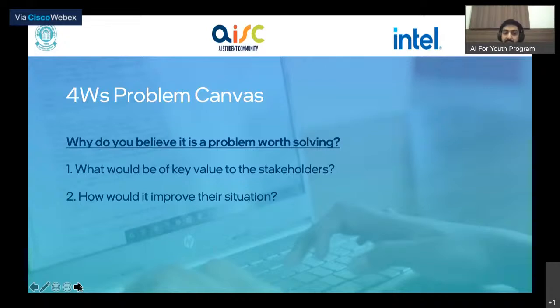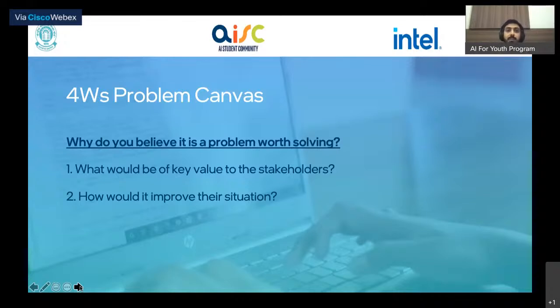Here in this canvas, we are looking for something of key value to the stakeholders, because of which their problem will be solved and the situation will improve. So what is that something important that will help the stakeholders to improve the situation that they are going through?